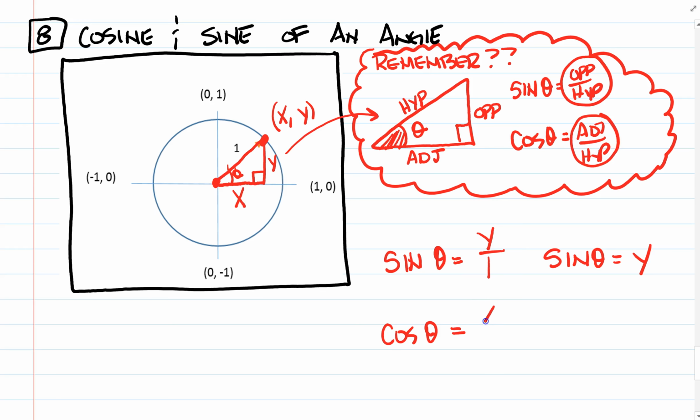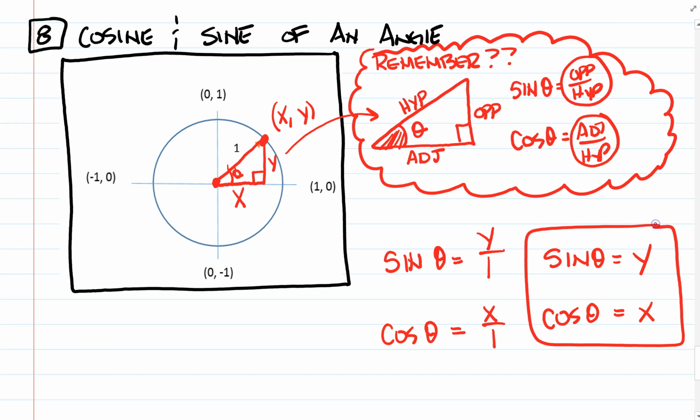So in this case, it's the x value divided by the value 1. So now we have just learned that every cosine is worth the x value. This is so amazing and so simple, but you have to commit this to memory. Every y value is your sine theta, every x value is your cosine theta, and that's the reason why.